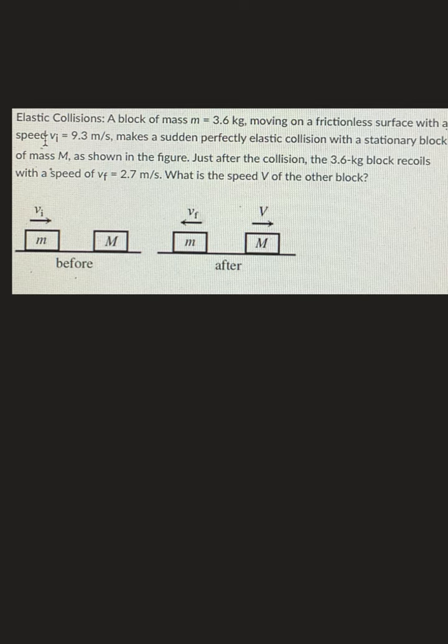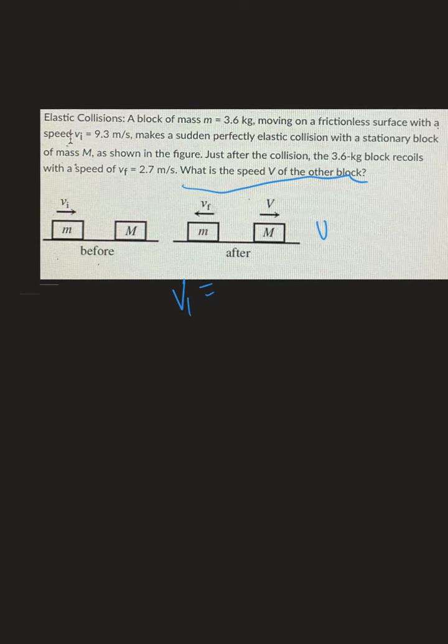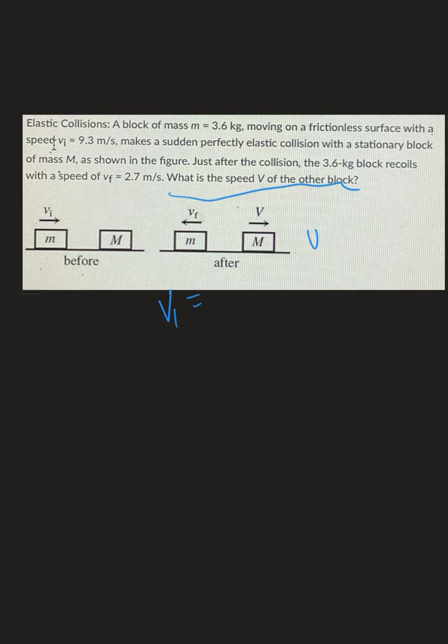Okay guys, so today we do this question right here. We are looking for what is the speed of the other block. So we must do this. Find the first velocity and we're finding the second velocity. But we are given the block of mass 3.6 on a frictionless surface with a speed of 9.3. So that is the 9.3, and the second, right?